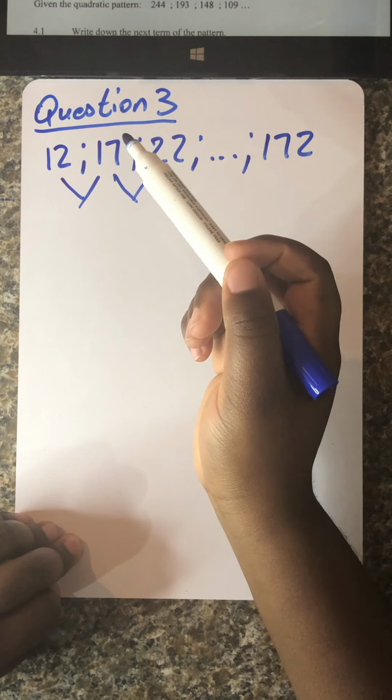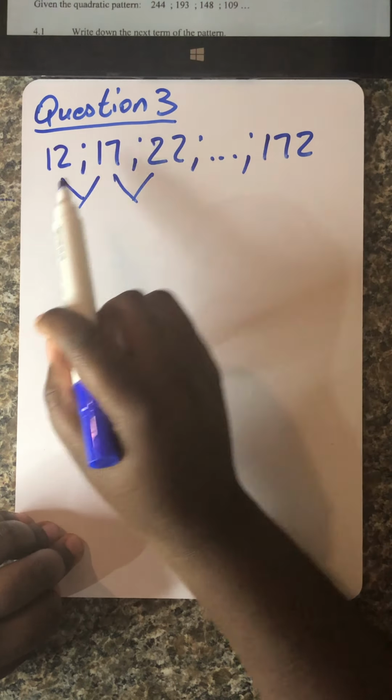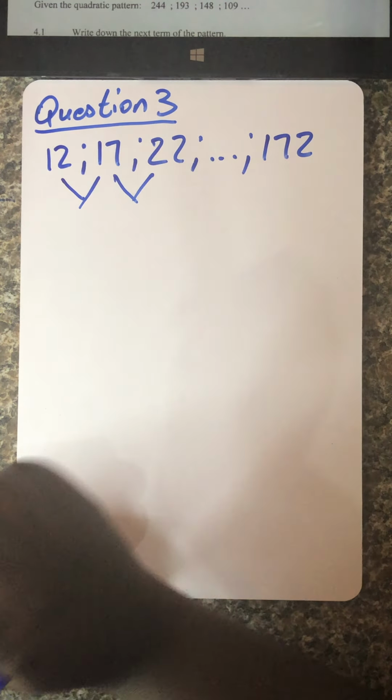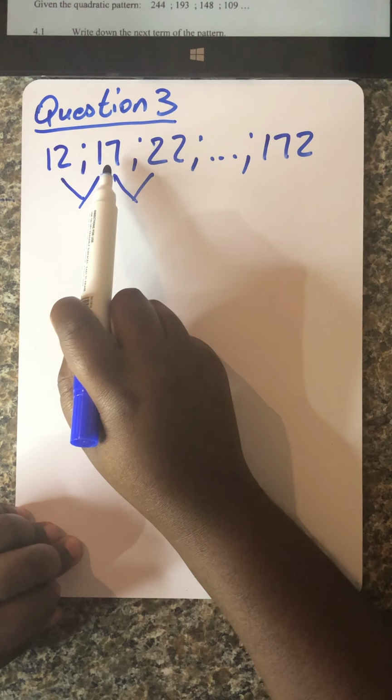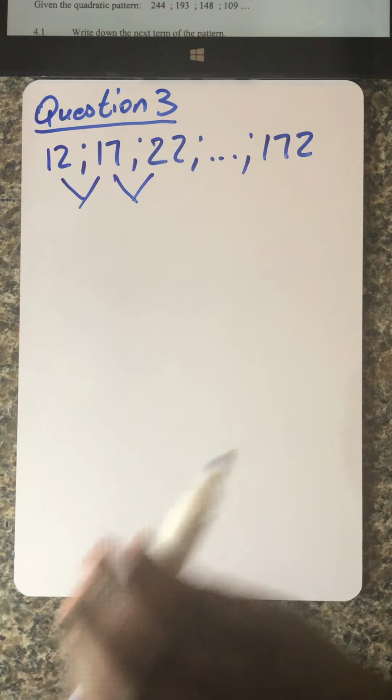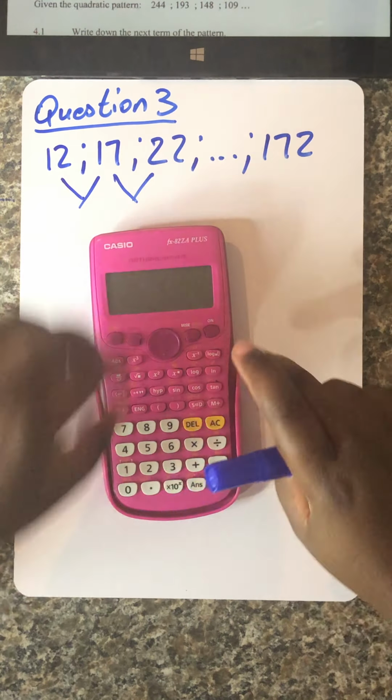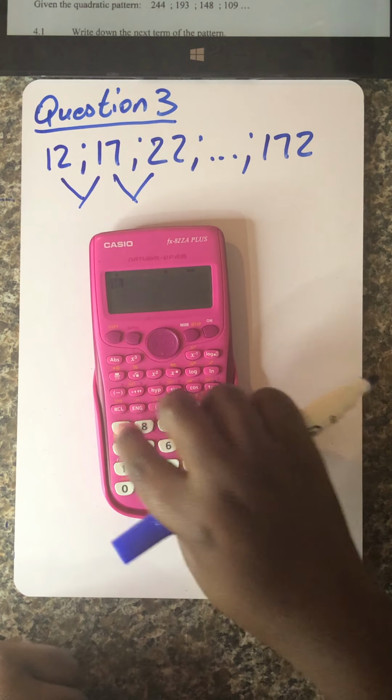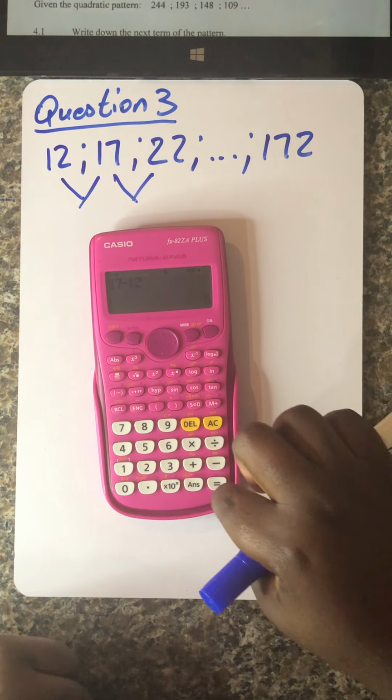So let's try to find the difference of this pattern and see if we've got the common difference. 17 minus 12, even if you know it by heart, at all times I rely on a calculator. It's 5.